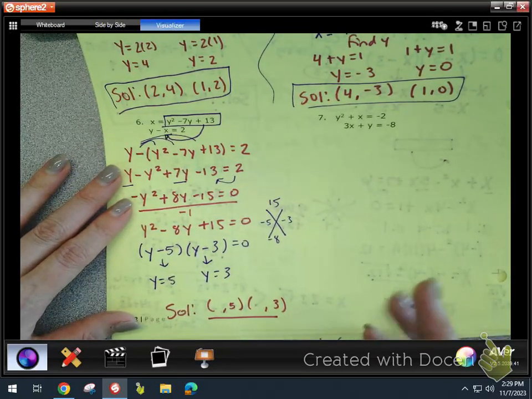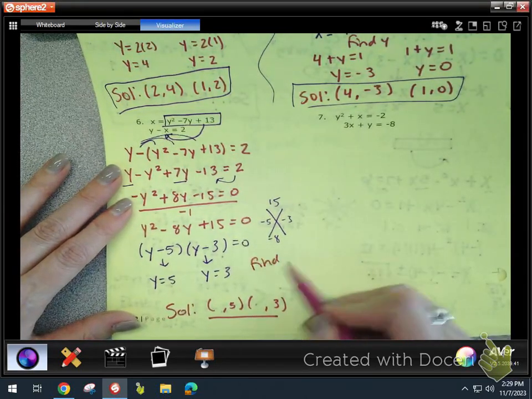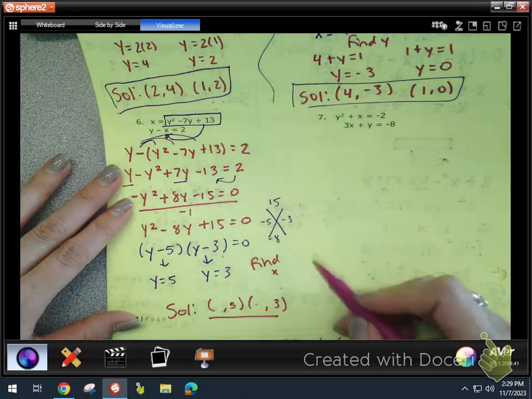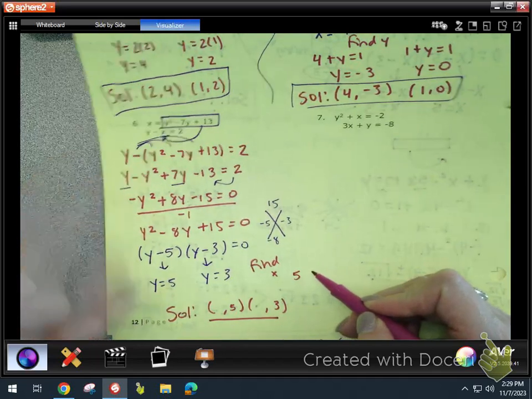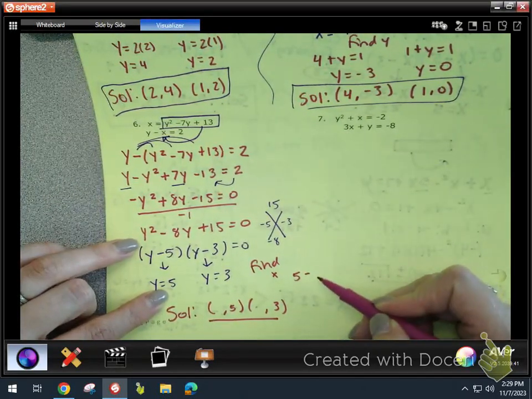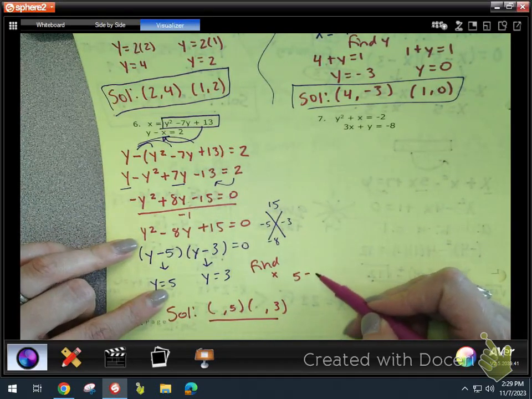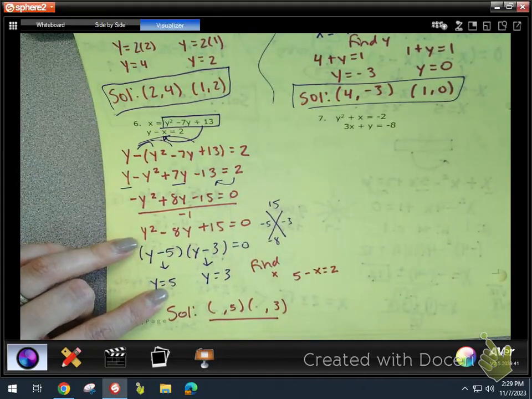So I have to find x, and this will be 1 minus 2 for what? Well, you're plugging in for y, so it'll be 5 minus, oh yes. You can rearrange the equation. That might be easier, to rearrange the equation to solve it for x to begin with, but either or.